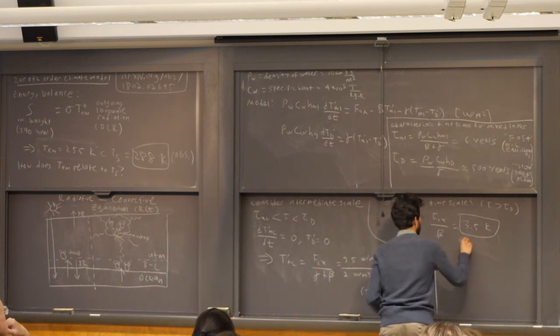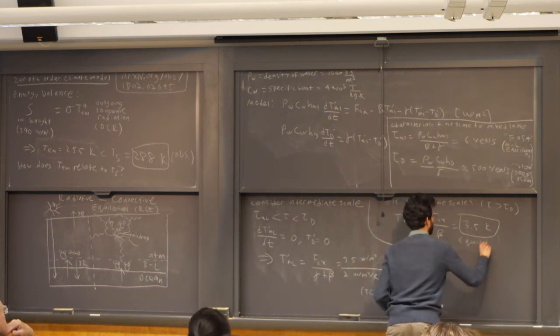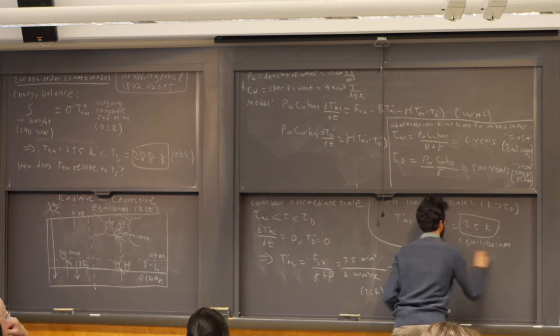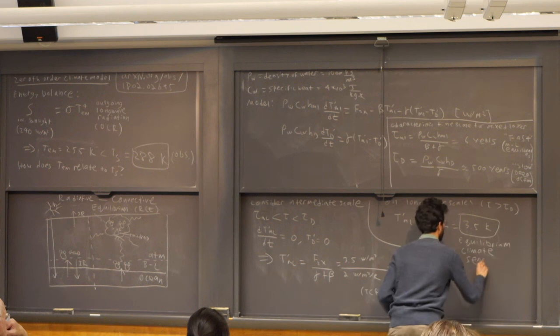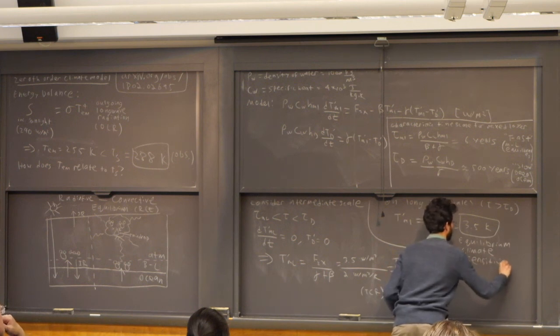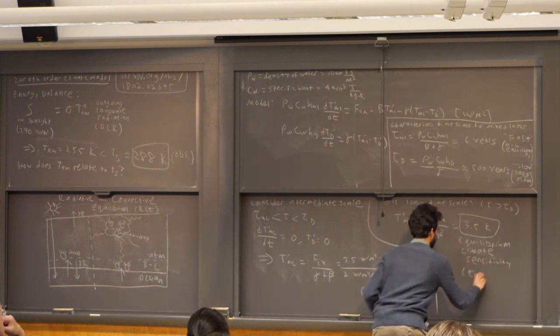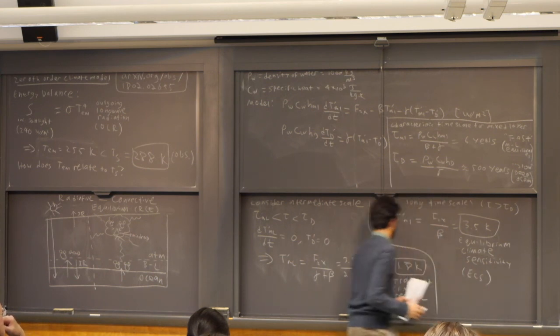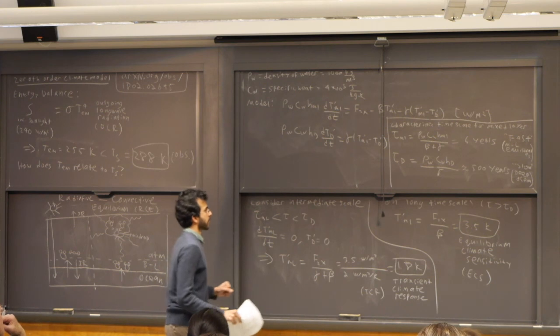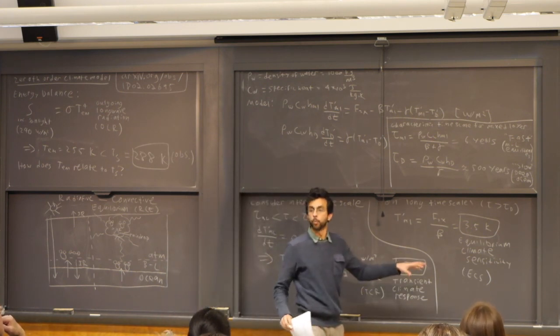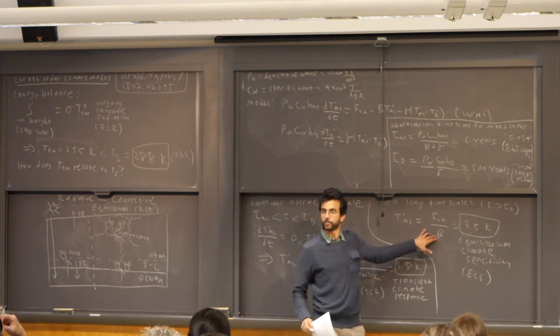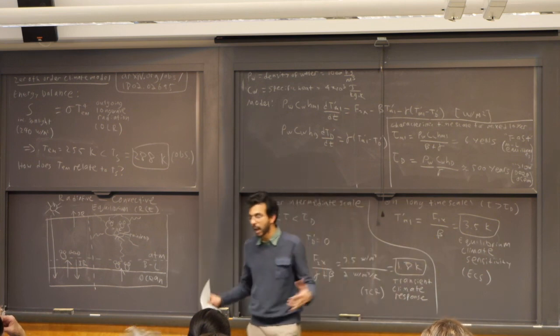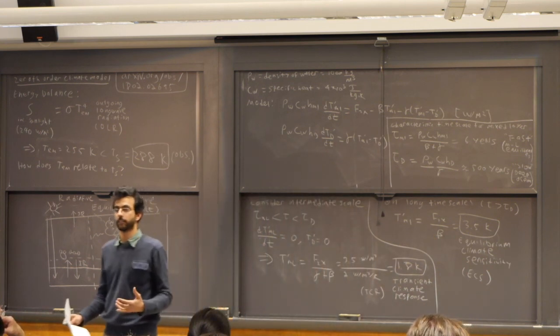And this is the equilibrium climate sensitivity, also known as the ECS. And so sometimes you hear the phrase committed warming. This is what people are talking about, right? How much more warming will you get when you let the deep ocean equilibrate?